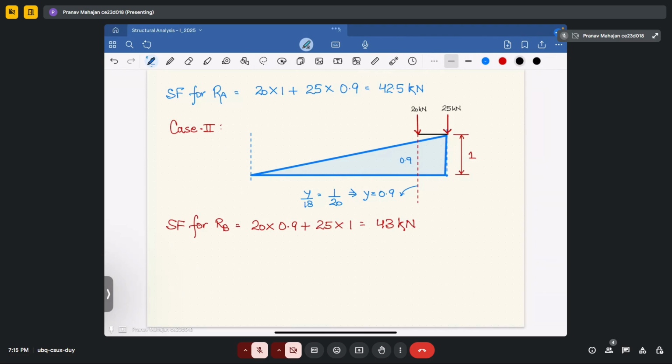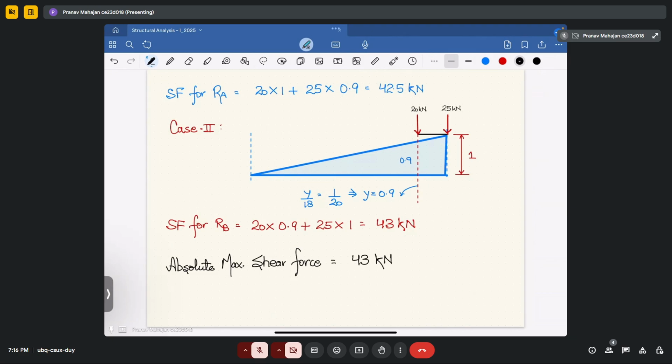So your maximum shear force is coming out when your load of 25 kilonewton is kept at point B. Okay, so your absolute maximum shear force will be equal to 43 kilonewton. Fine.